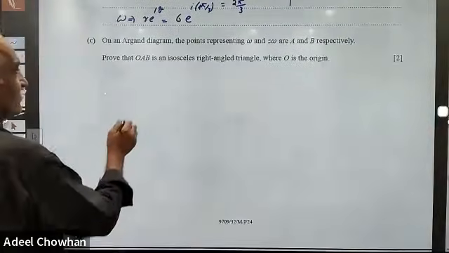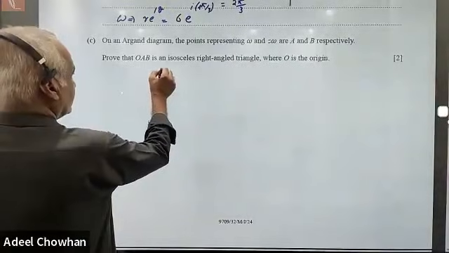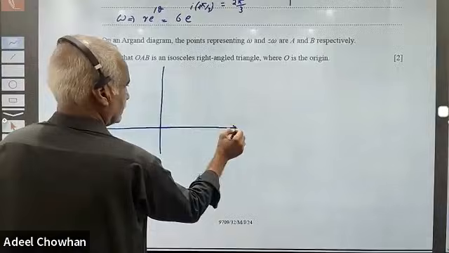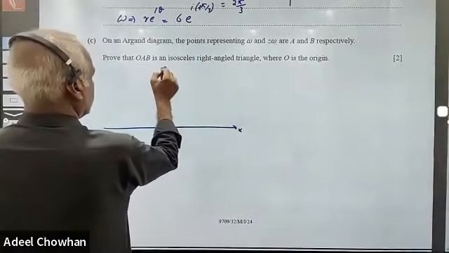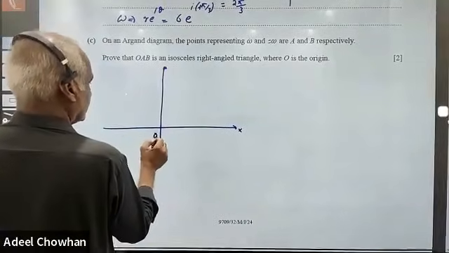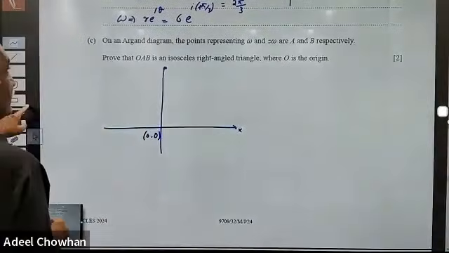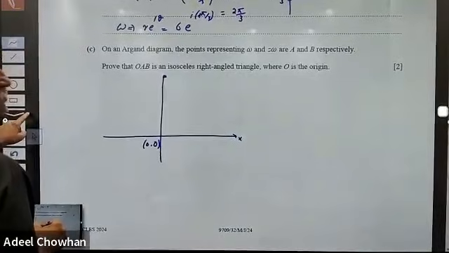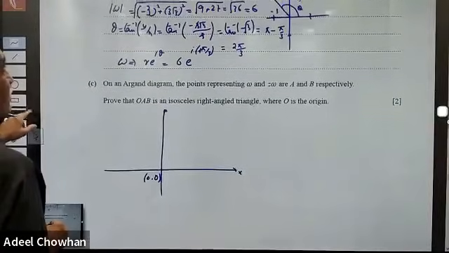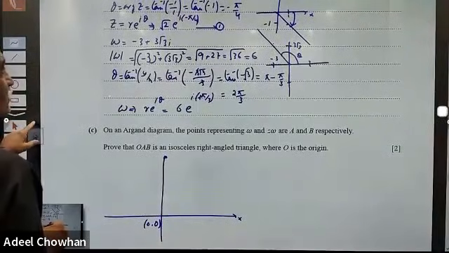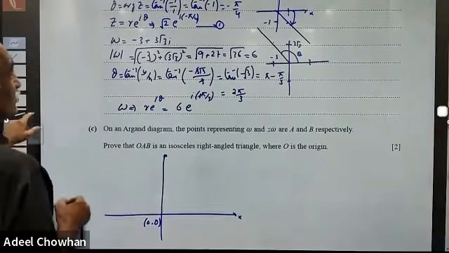So if we represent it on the number line system, this is origin. The point represented by w is A, and w itself is equal to minus 3 plus 3 root 3 iota.